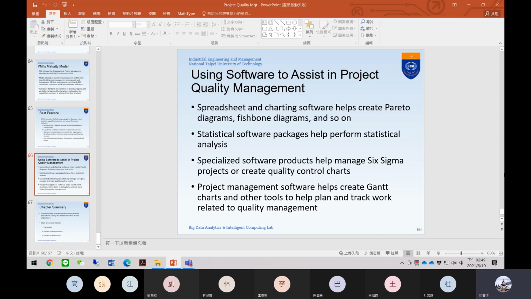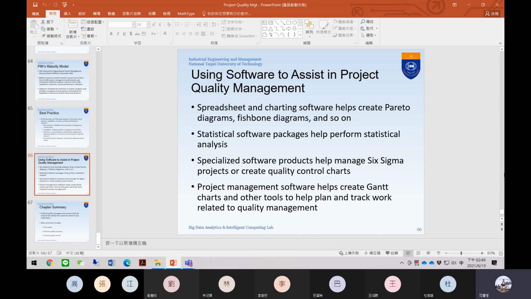And then specialized software products help manage Six Sigma. I think Minitab has a special package for Six Sigma projects or to create quality control charts.